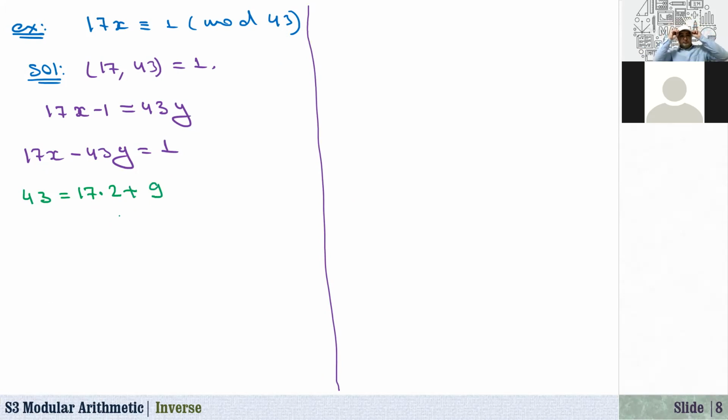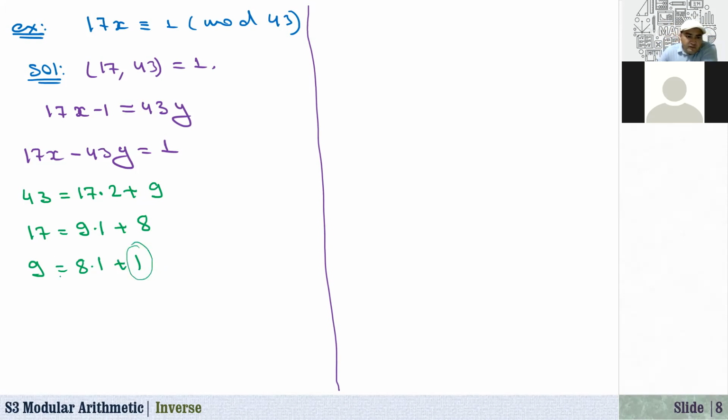So now I move 17 to the left and 9 into the place of 17. Here we have 17 is equal to 9 times 1 plus 8. And again, 9 is equal to 8 times 1 plus 1. Now we already got 1, right? When we have the remainder 1, we should stop.